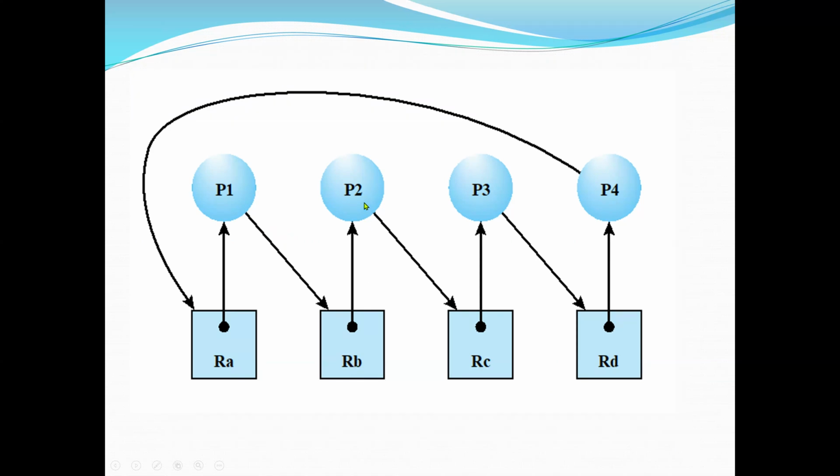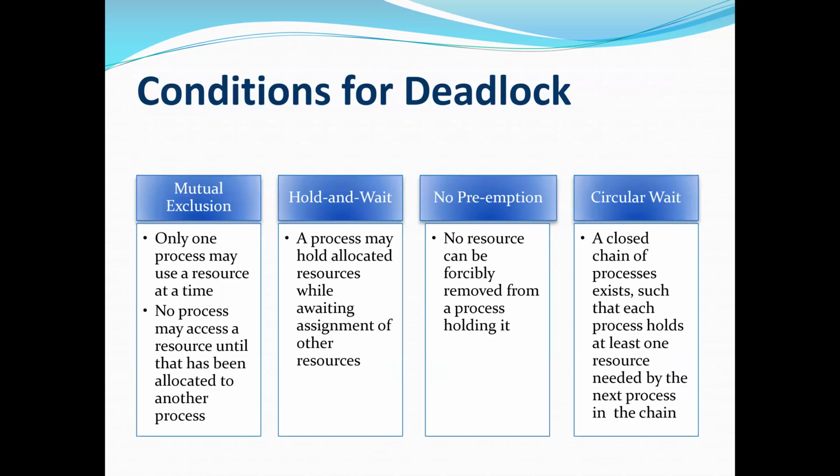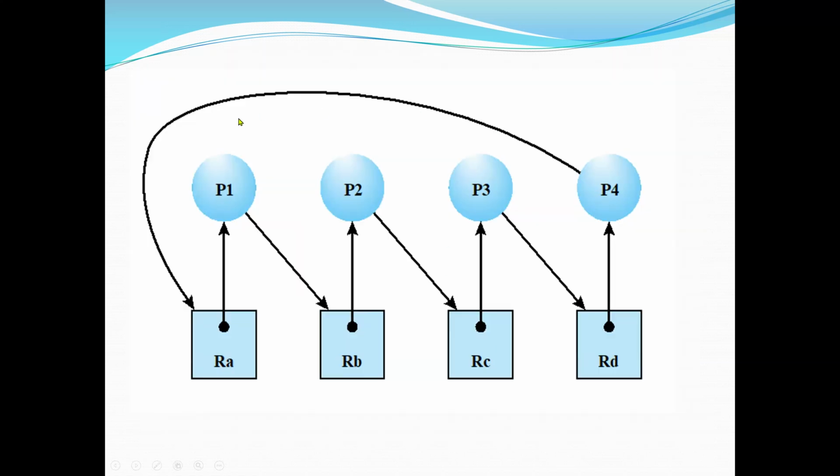P2 has RB and is requesting RC, and then it goes all the way around. So this is kind of a circular concept. Again, as we can see, this is a circular wait concept.